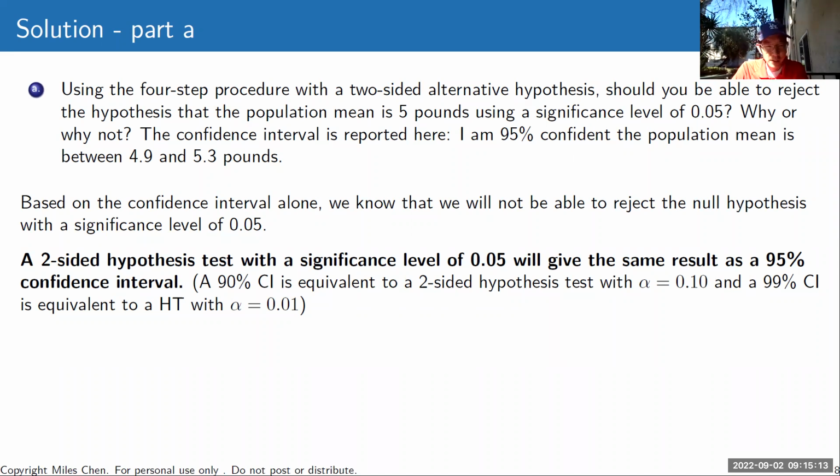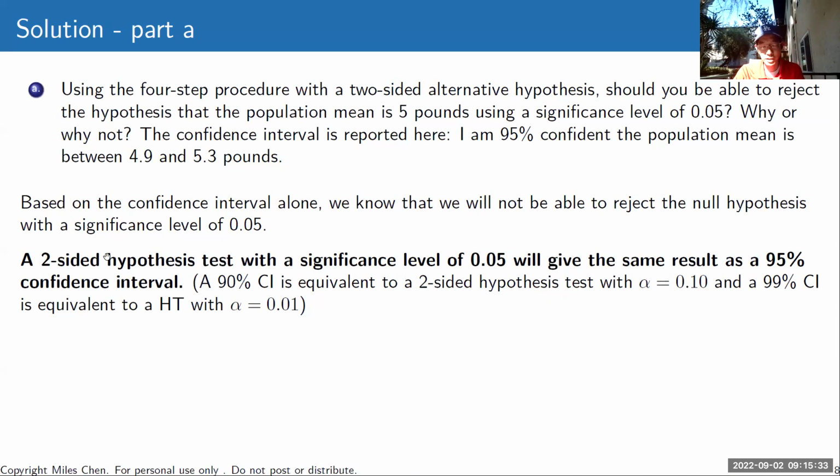So if we were to run a hypothesis test, we would not reject the null hypothesis, because our confidence interval says we don't have evidence that the mean is different from 5. The hypothesis test will give the same conclusion.